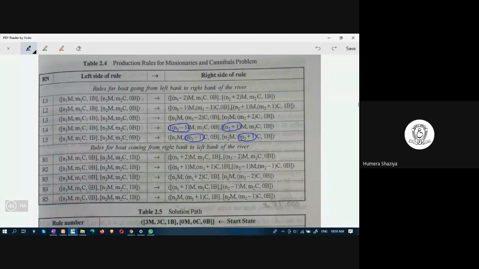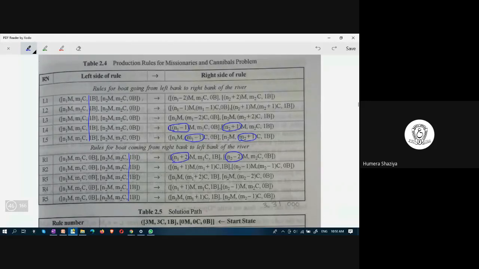When the boat is at left, look here, this boat 1 is at the left side. Now consider taking the boat from right to left. Here the boat is at the right side. When the boat is at the right side, you can come from right to left. You are taking two missionaries in the boat, bringing them to the left side.